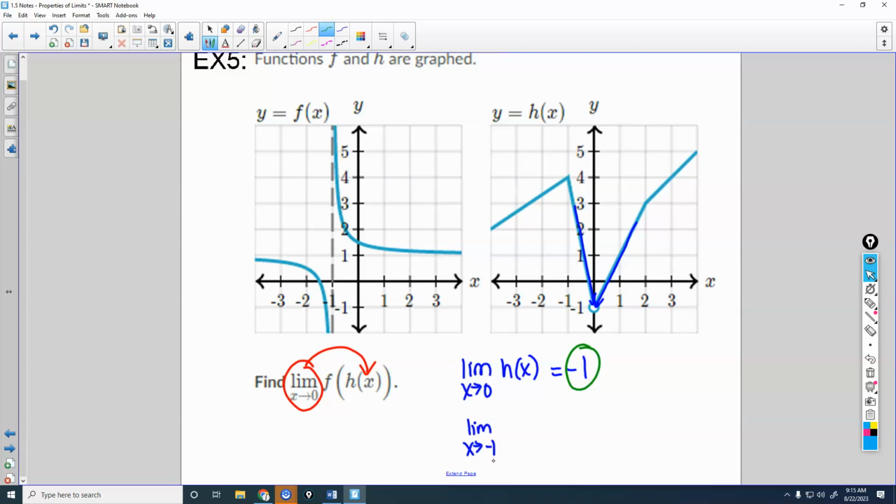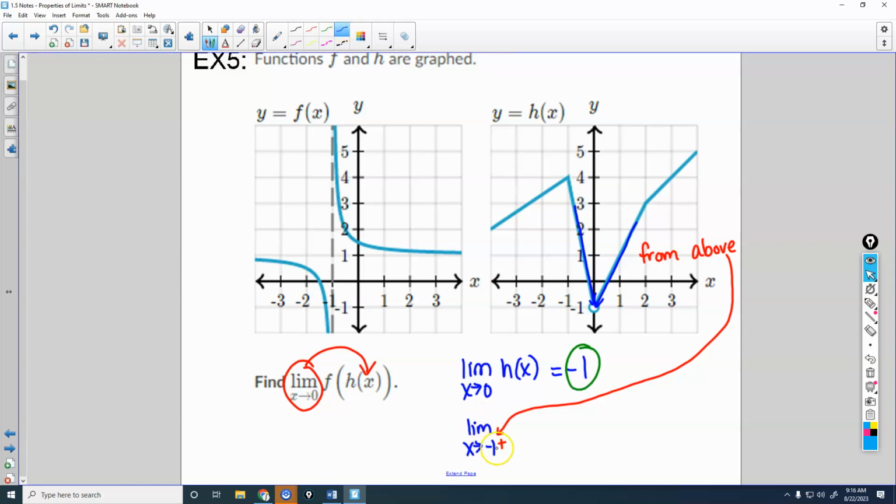They're both coming from above -1 if we're thinking about our y values, right? So since this is from above, that translates to from the right on this problem.